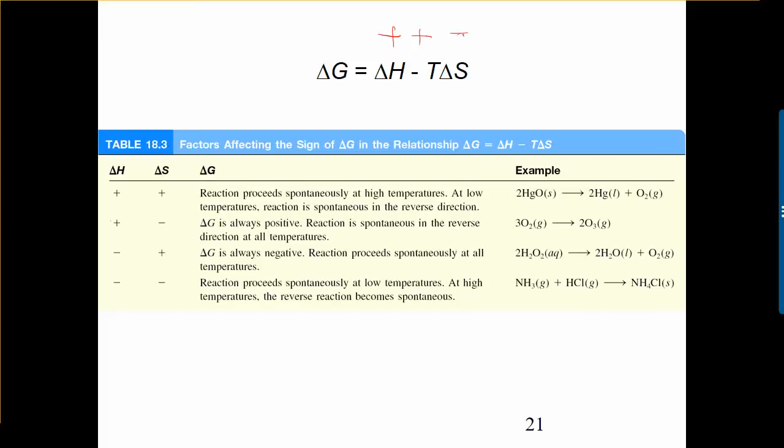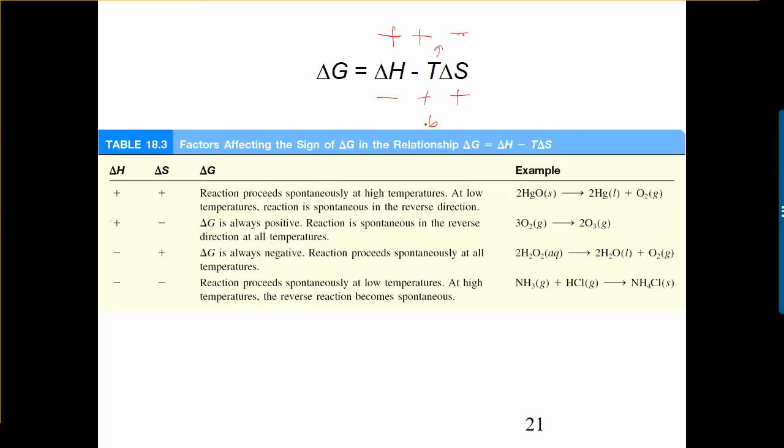So the other situation is where it was negative minus a negative, negative plus a plus. In that situation, it's exactly opposite. At high temperatures, it becomes more and more positive. It will become non-spontaneous.